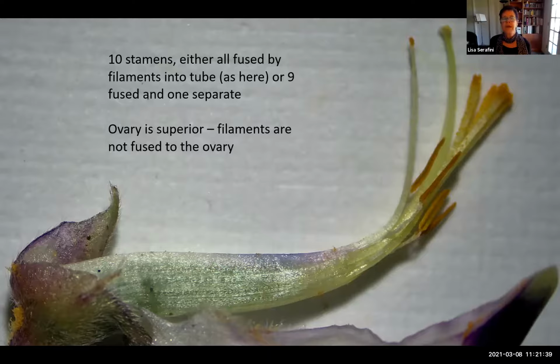Either you can have all 10 stamens, their filaments fused together, as you do in this one, or you can have 1 separate and the other 9 fused. In this particular one, we've got 5 short and 5 longer stamens. That's often common too, but we don't have to worry about that. Okay, we want to look at the fusion.